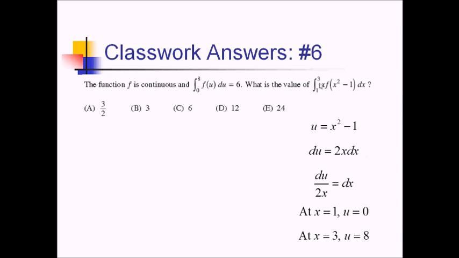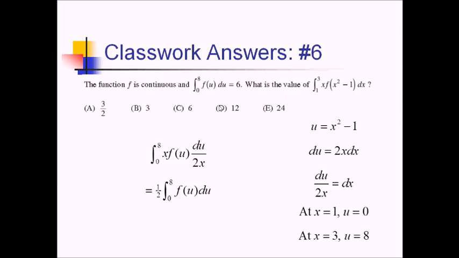So I can rewrite this as the integral from 0 to 8 of x times f of u, and then du over 2x. The x's are going to cancel, so this ends up being 1/2 times the integral from 0 to 8 of f of u du. And I'm trying to figure out the value of this thing based off of this information over here.